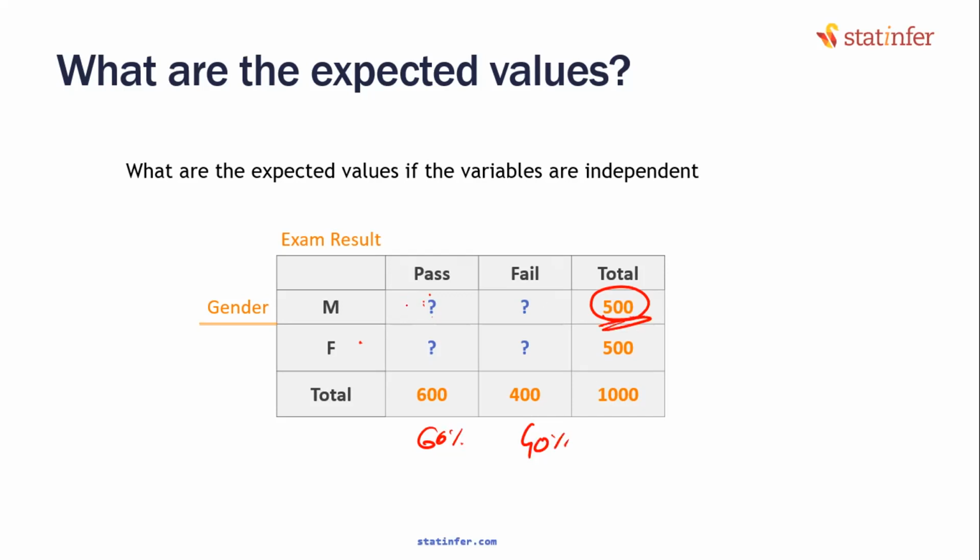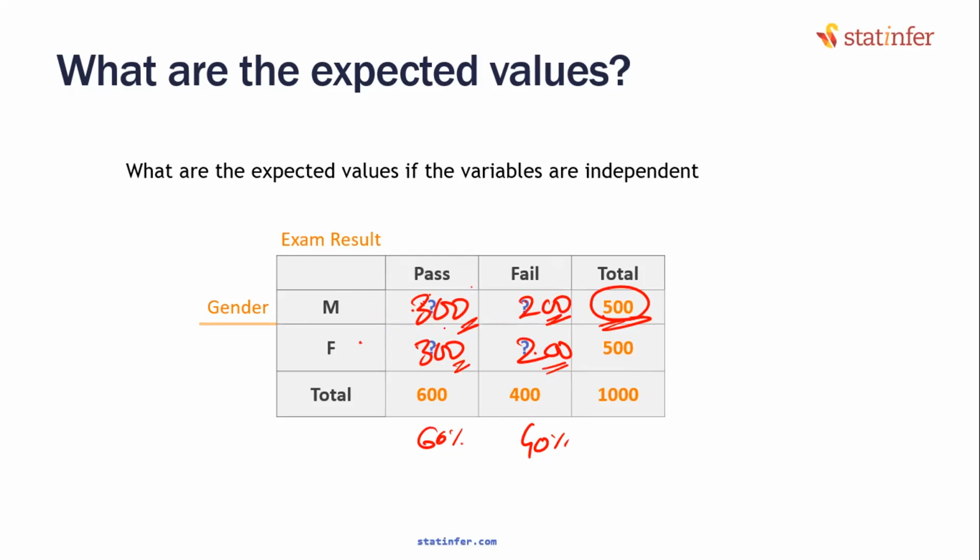So out of 500 also 60% pass. How many do you expect here? 300. How many do you expect here? 200. Out of female, how many do you expect? 300 and 200. Then it is fair to say, isn't it, whether a person is male or female doesn't matter, because in male also the pass percentage is 60%, in female also the pass percentage is 60%, isn't it?